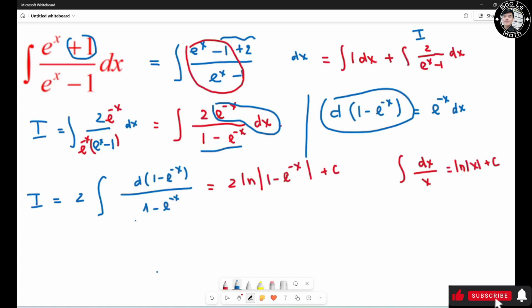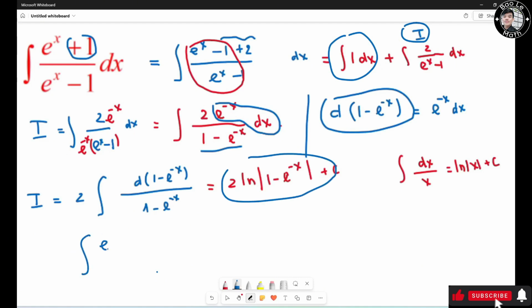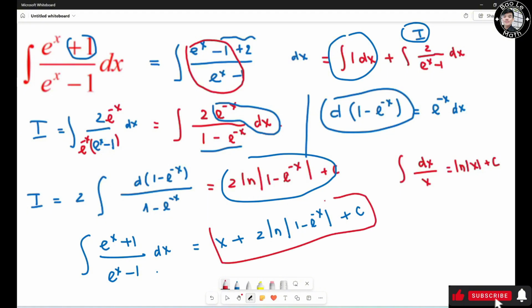So the final answer is this at I. So the integral of e to the s plus 1 over e to the s minus 1 ds is s plus 2 natural log of absolute value of 1 minus e to the negative s plus C. Alright, and this one is the final answer.